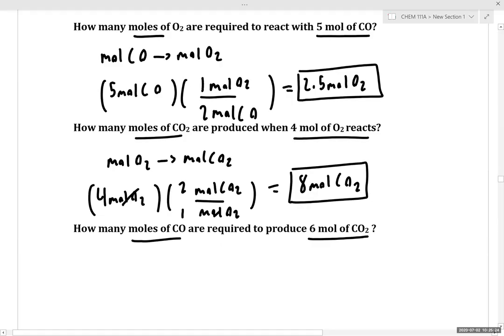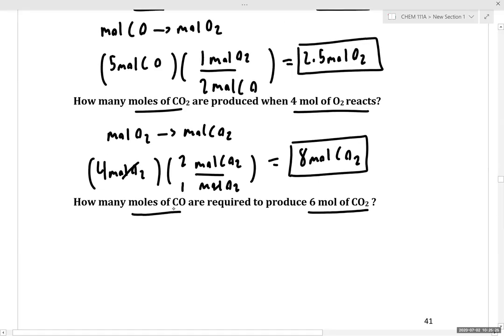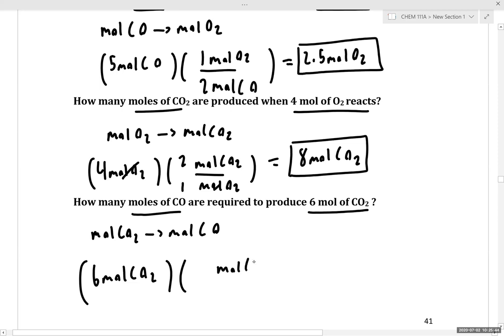Let's keep going with this next example. We're asked how many moles of carbon monoxide are required to produce 6 moles of carbon dioxide. So we're going from moles of carbon dioxide to moles of carbon monoxide. Starting off with 6 moles of carbon dioxide, how many moles of carbon monoxide do we need to produce that?